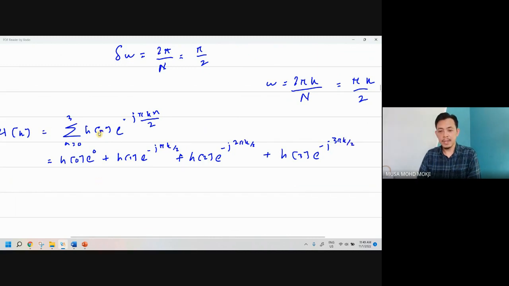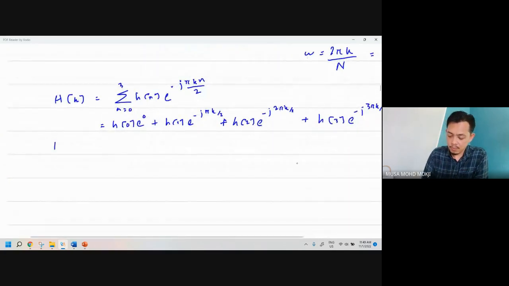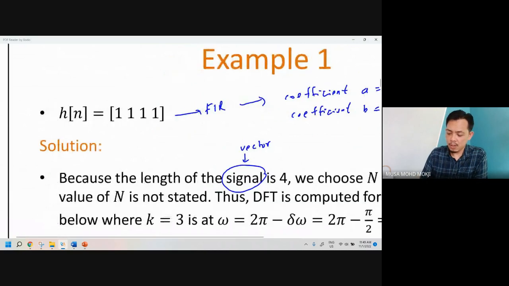All right, expanding this equation, you should have this from n0, n1, n2, and n3. So now what we want is H0. This is a capital H0, and this is a small h0. So this is h0, this one is H1, this is H2, and then this is H3.